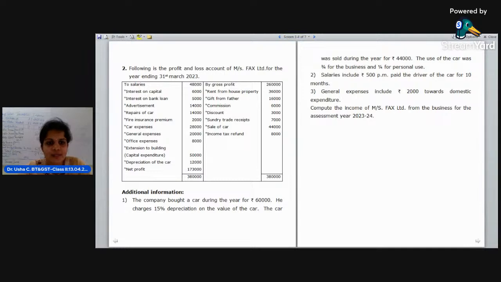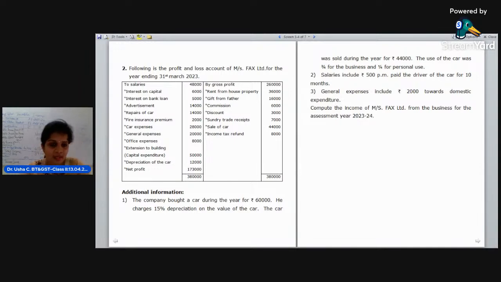But in case of a cash gift received from the father or from anybody, it is allowed only up to rupees 50,000. In excess of 50,000, any amount of gift received from anybody is not allowable, in the hands of business or anything.